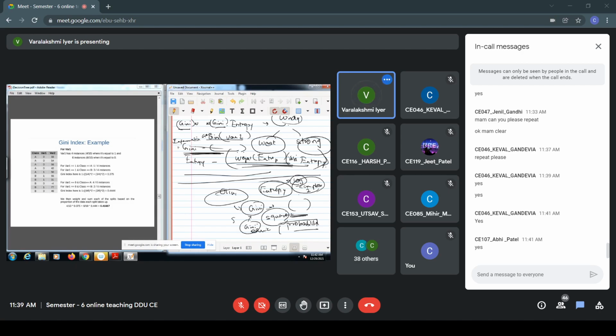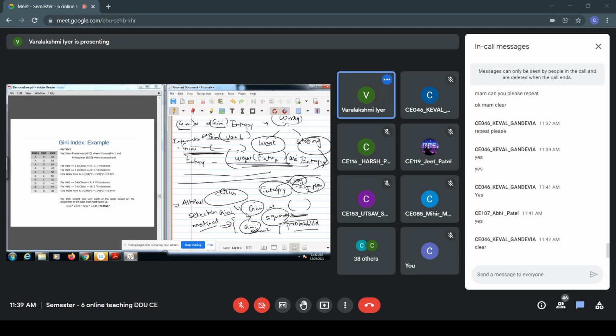Okay, is it clear to everyone about these three attribute selection methods? We'll go through a sum on the Gini impurity in the next lecture to get a clear idea. So is everyone clear up to this, whatever we discussed today in the lecture? Any doubt? Okay.